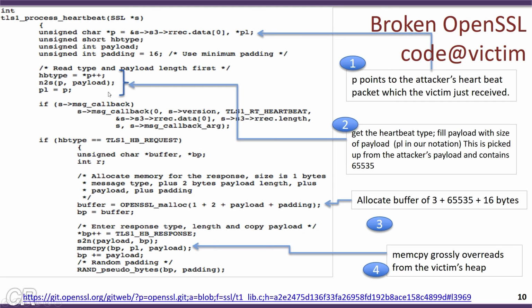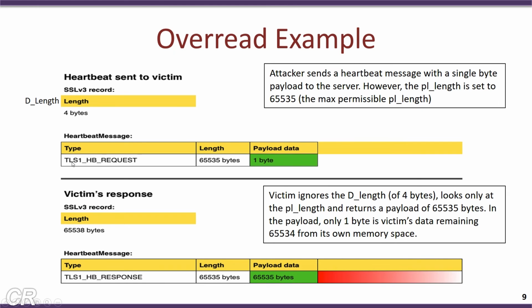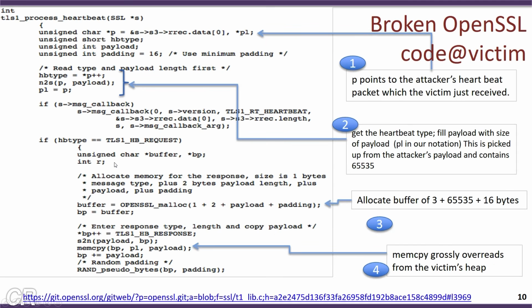The next important part is these 3 statements over here, where at the server end, the server is trying to evaluate the heartbeat packet that it has obtained. The first thing that the server would do is determine the heartbeat type, which, as we've seen before, is the TLS HP request. Then it would extract the payload length.